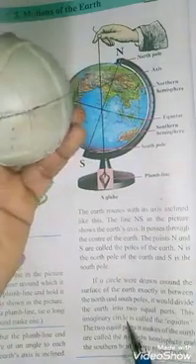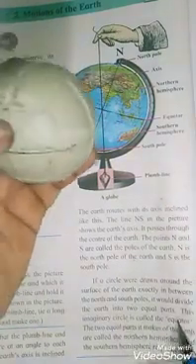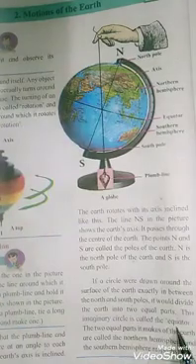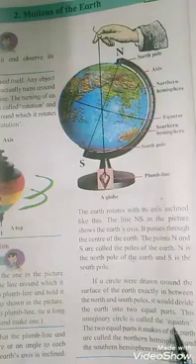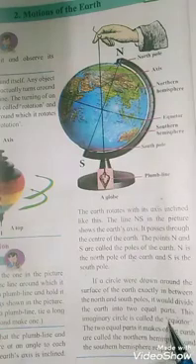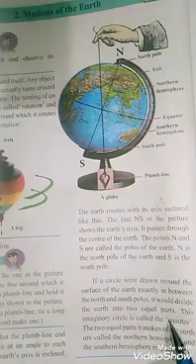This imaginary circle is called the equator. What do you mean by equator? Equator is an imaginary line which is drawn around the surface of the Earth exactly between North and South Pole.